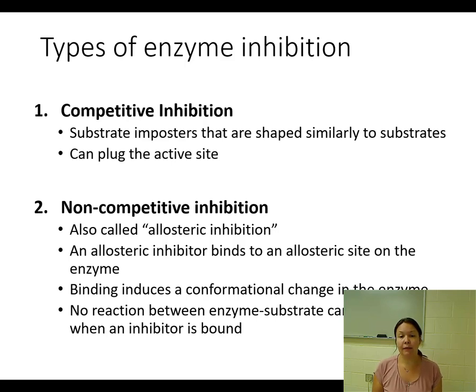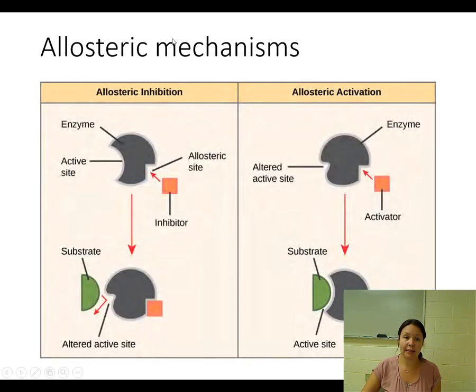Now, a non-competitive inhibitor is a little bit different. It's also called an allosteric inhibitor. And what happens is the enzyme also has a secondary site on it called an allosteric region or an allosteric site. This can be shown on the next slide. Over here on the left, you have a picture of an enzyme with an active site, but it's also pointing to the allosteric region or the allosteric site.